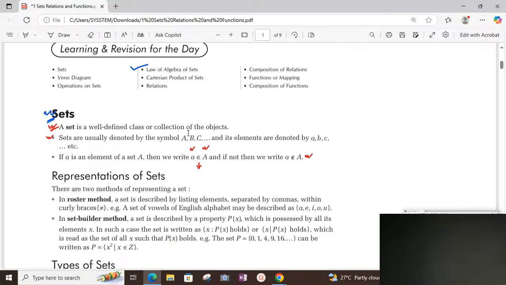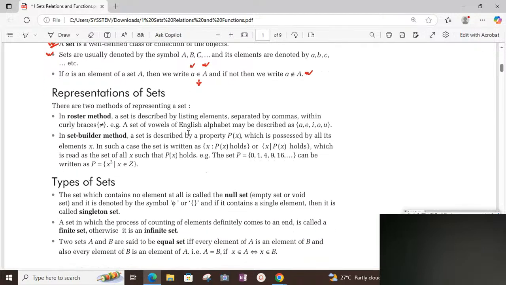We have two methods to represent a set. The first one is known as the roster method. Other names of the roster method are tabular and listing method. In Hindi, this one is known as the Sarnividhi.